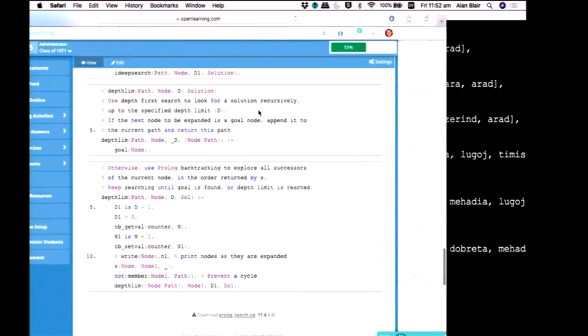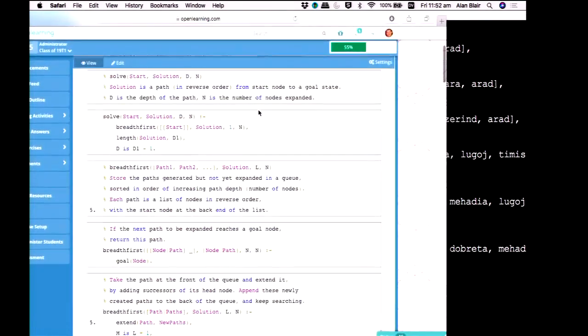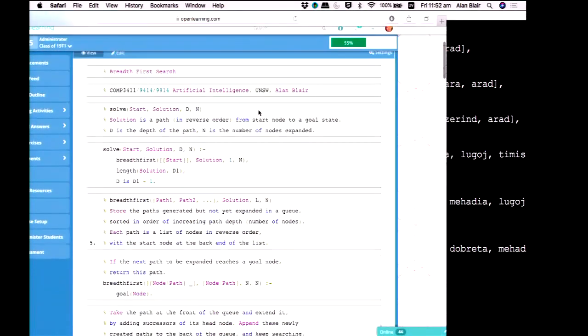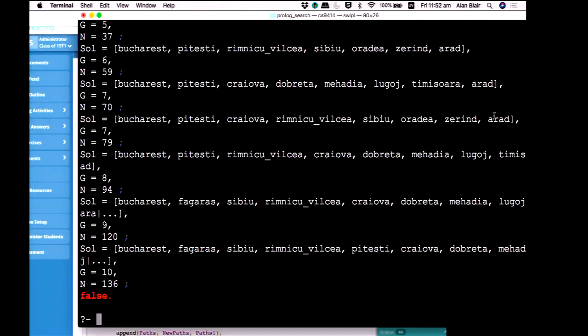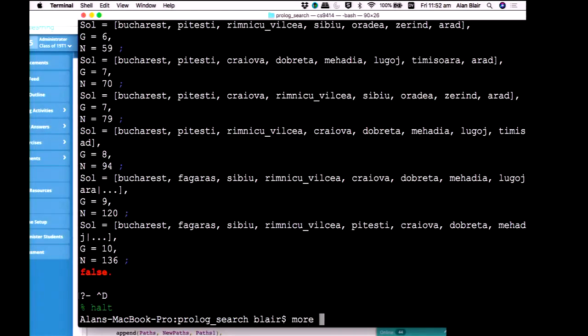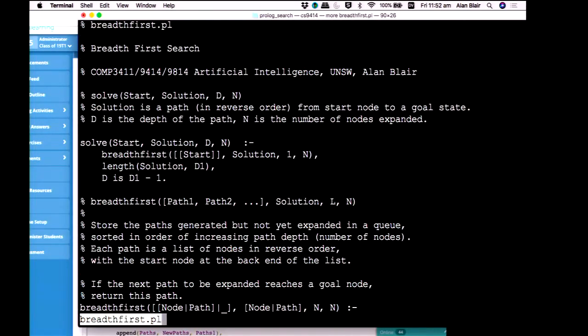Now, let's just have a quick look at this code. How does this solve thing work?